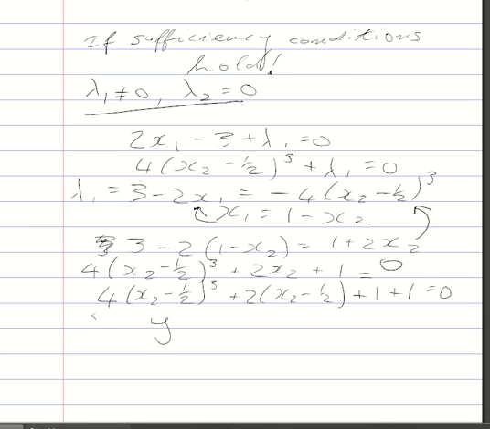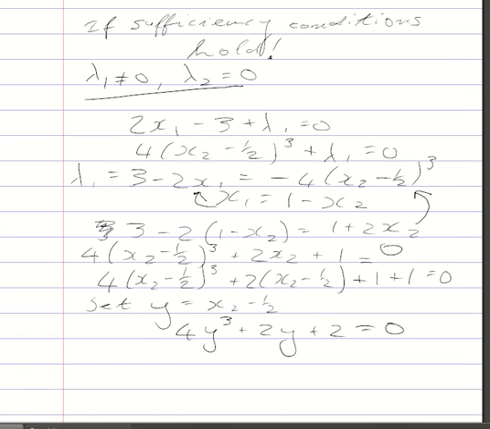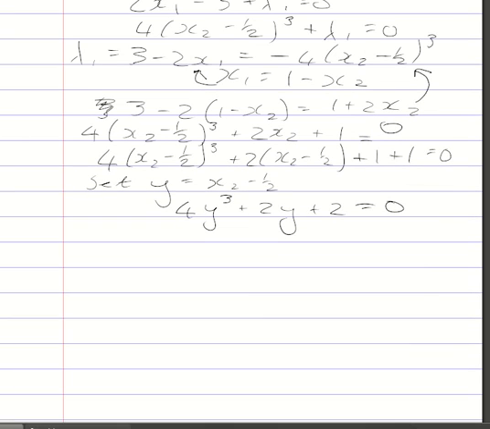And now I set y equal to x2 minus a half, so our equation becomes 4y to the third plus 2y plus 2 is equal to 0. Now you can solve this quickly on the computer or on a programmable calculator and you get y is equal to minus 0.58975 approximately.